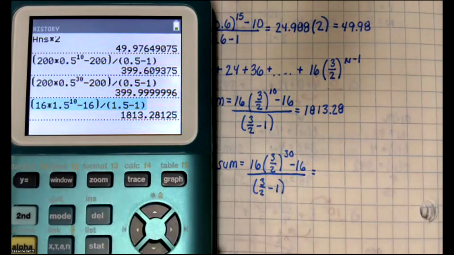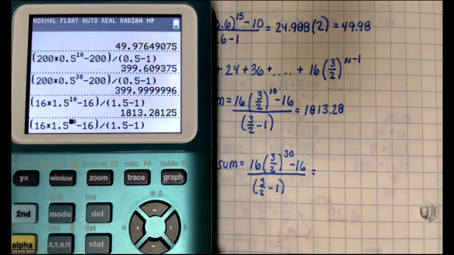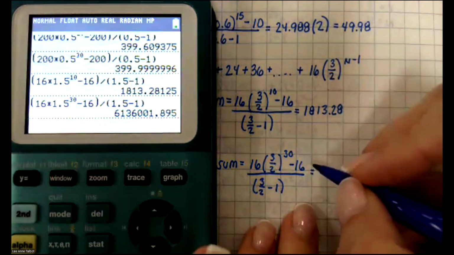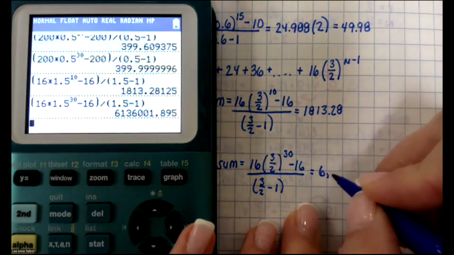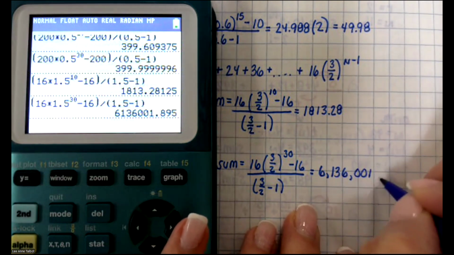Scrolly scroll, enter. 30. Huh. 6,136,001.